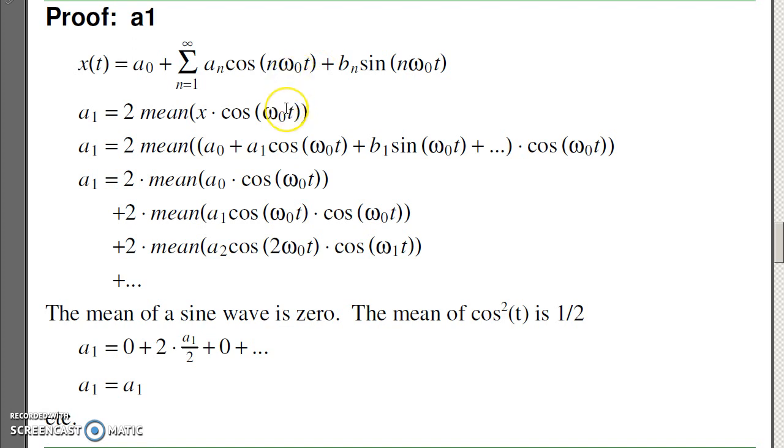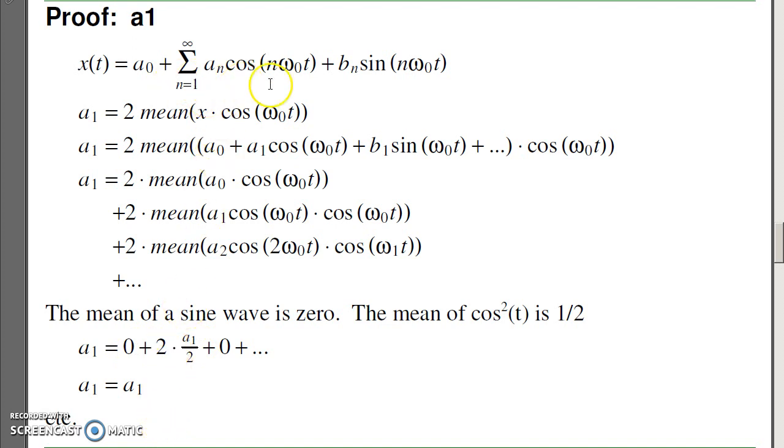I'll have cosine times cosine. The average of that is also 0, except in the case when n equals 1, in which case I'll get cosine squared. The average of cosine squared is a half. A half times 2 is 1. So what I'm left with is a whole bunch of zeros, except the term that I want. That'll give me a half times 2, or a1.